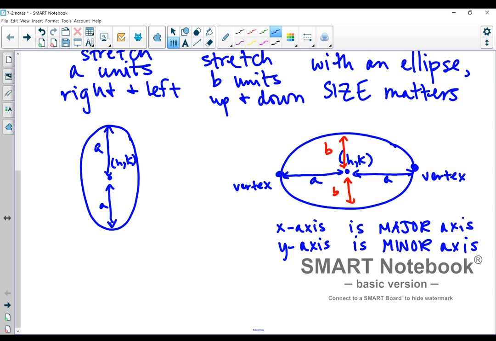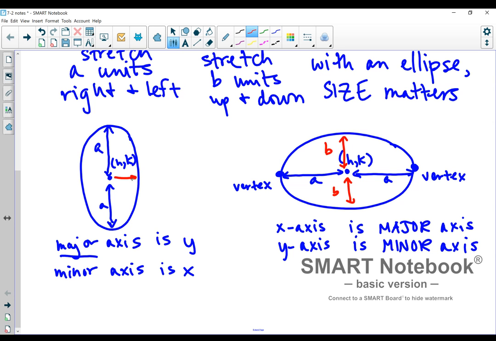I just want us to have a picture of the graph. So in this case, my major axis is y, and my minor axis is x. So that means when I go to the right and left, that's going to be b.